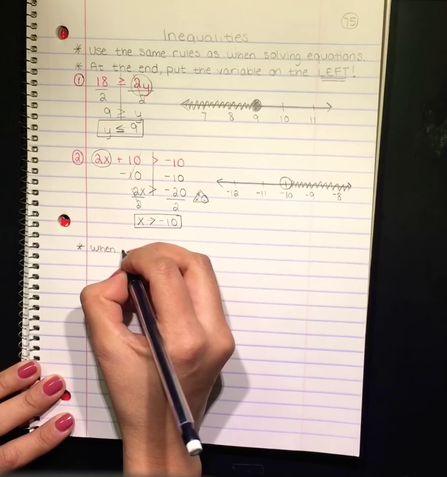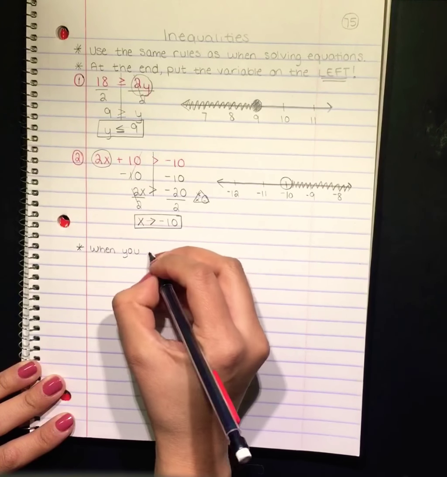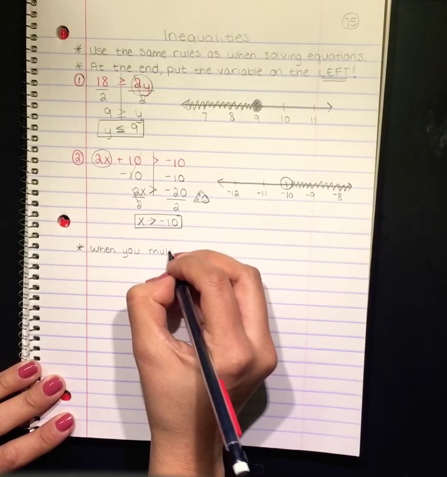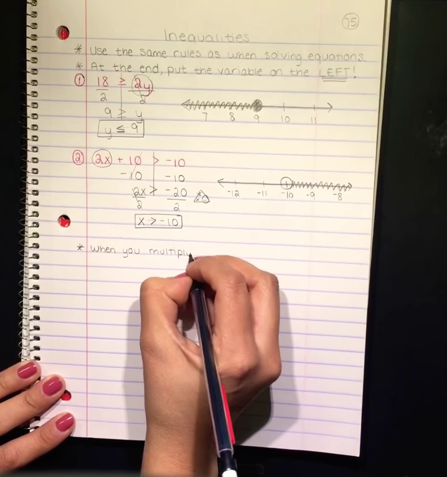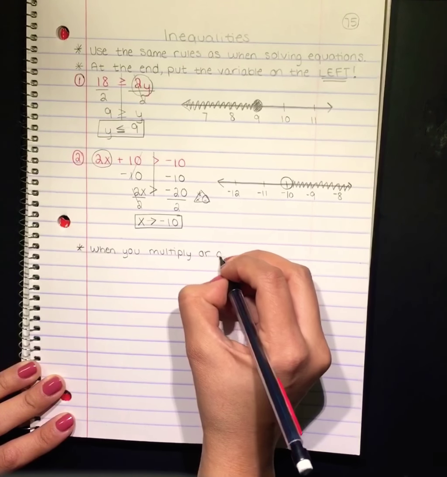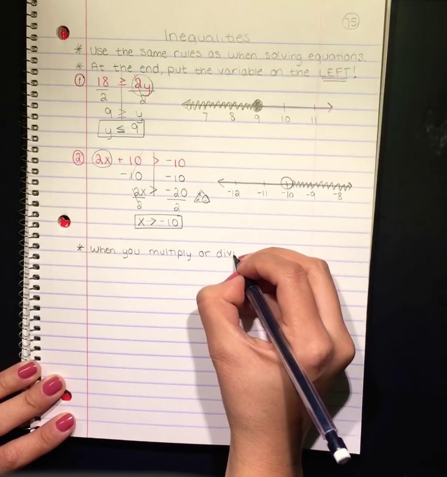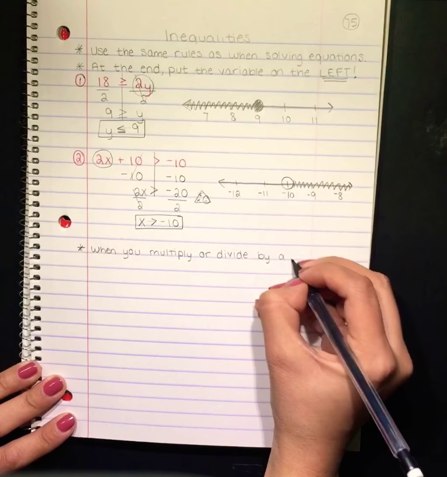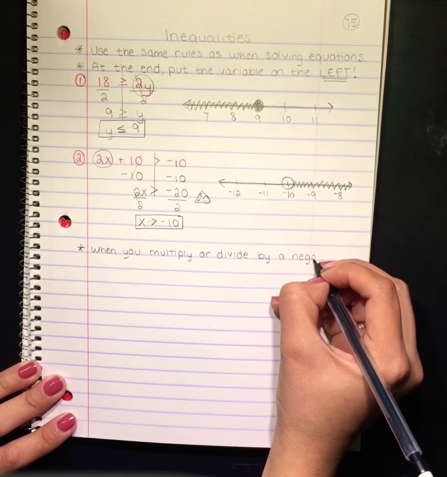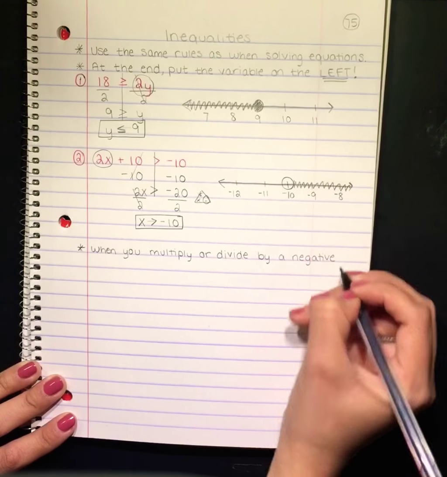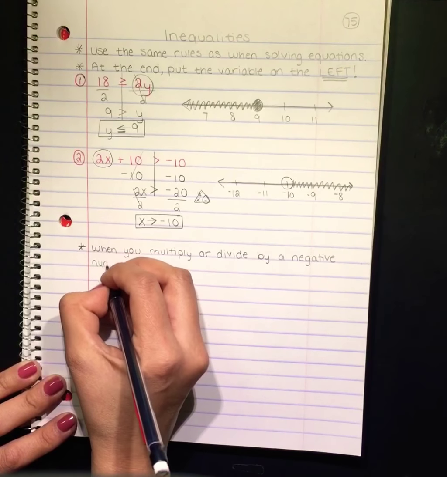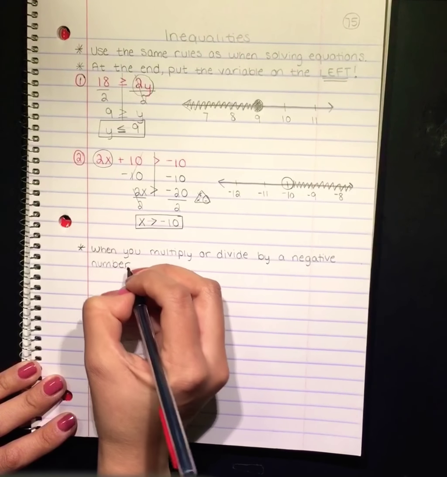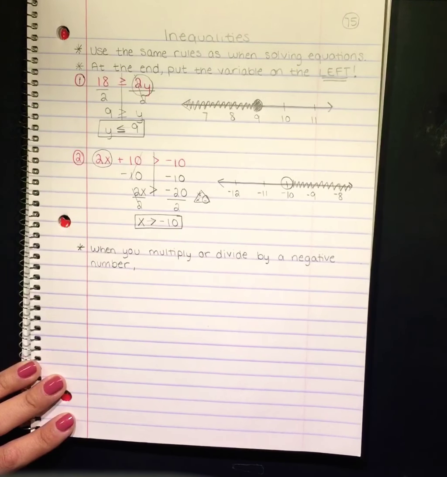When you multiply or divide by a negative number, you have to flip the sign.